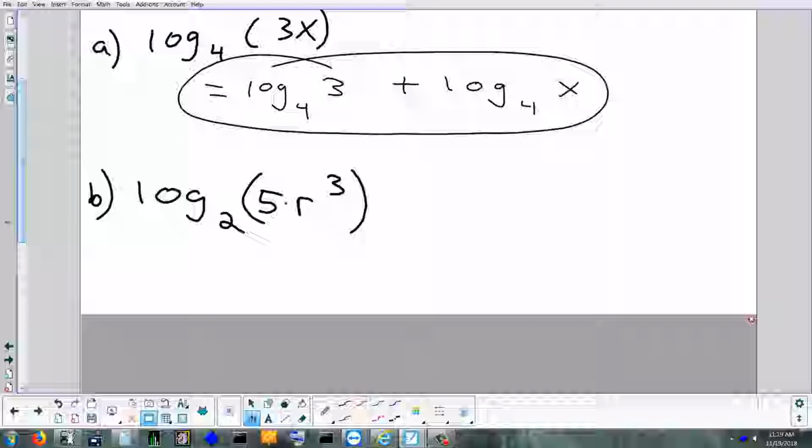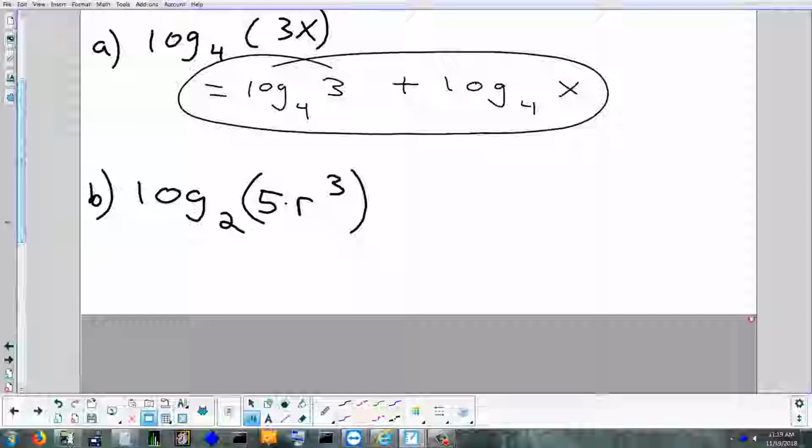So Jaden, is this one going to split as a sum or difference? Okay, how come? Because of the exponent. Or because of the R, actually. So the letter and the exponent don't tell us necessarily whether it's going to be a sum or difference. What tells us if it's a sum or difference?